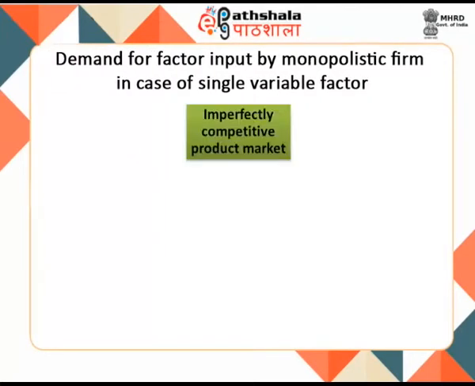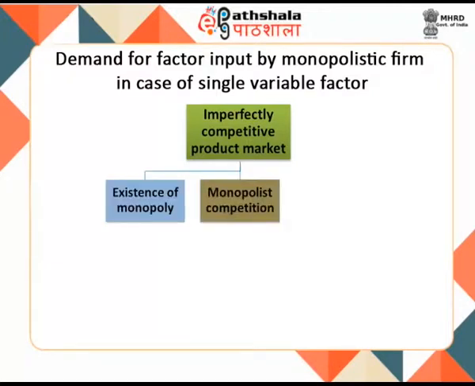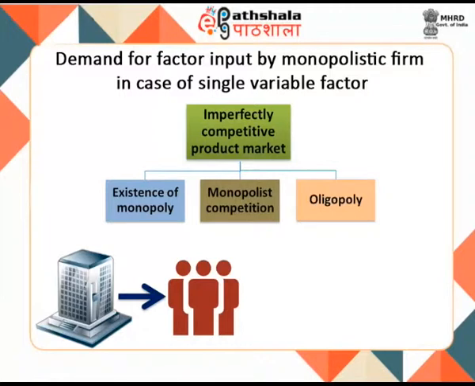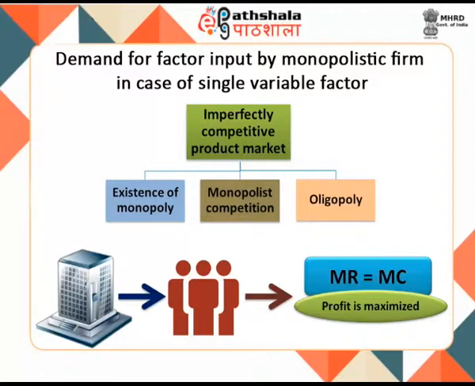In an imperfectly competitive product market, that is, the existence of monopoly, monopolistic competition, or oligopoly, an individual firm will hire labor up to the level at which its profit is maximized. That is, marginal revenue productivity of labor equals the marginal cost of labor, the wage rate, provided that there is perfect competition in the labor market.